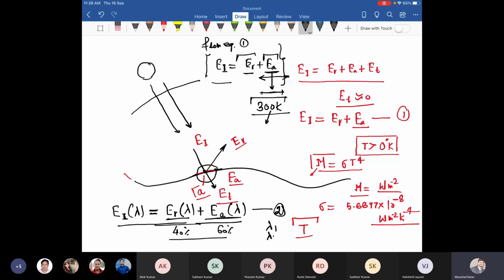What will happen if you change the wavelength and see this composition at lambda 2? Based on the characteristic of the material, which changes with wavelength, it could be 30% and 70%. The total energy is 100%. I hope it is clear.